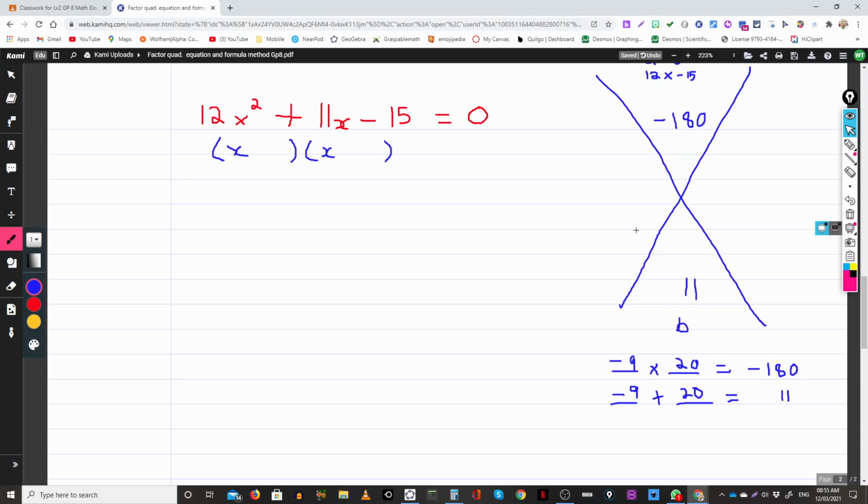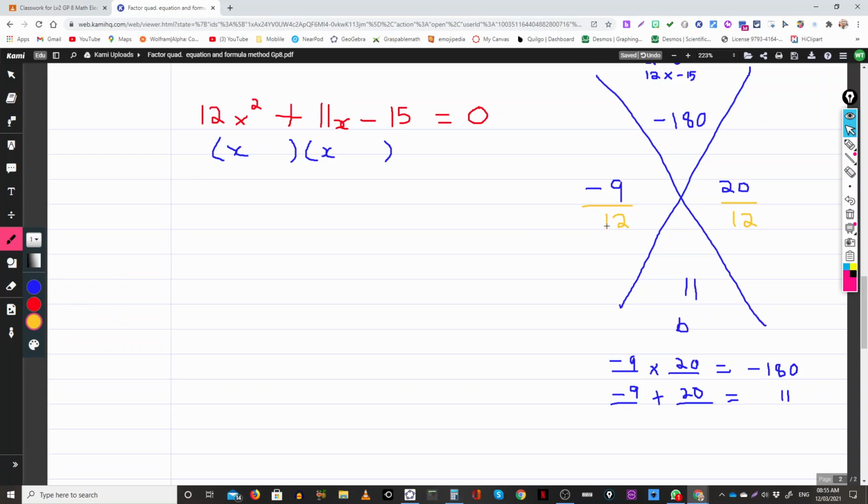So my two numbers: I'm going to put a negative 9 there, and my 20 over this side. Now remember the next step is to take my a value, which is 12, and put it under this, and under this one as well.